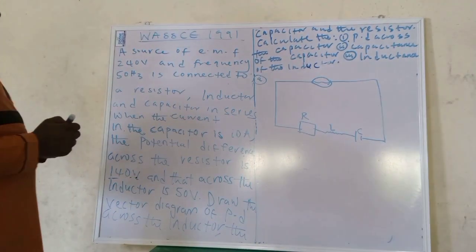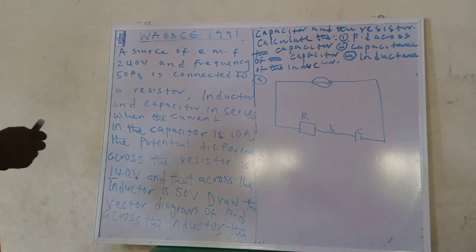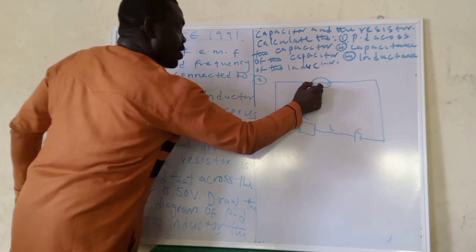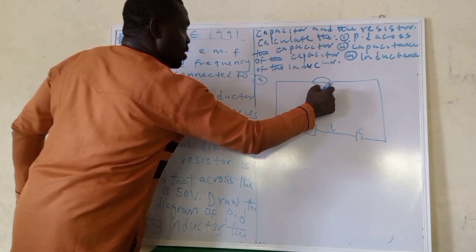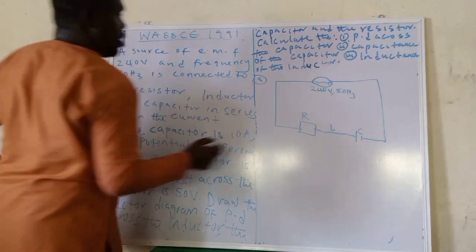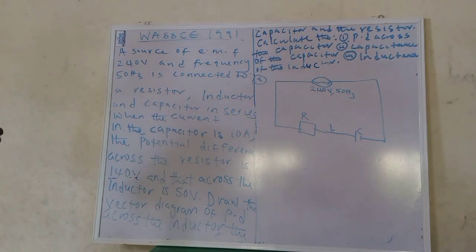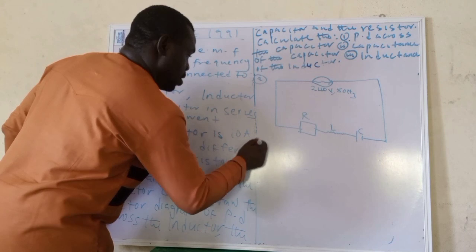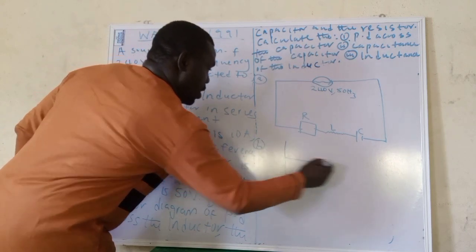All of these are embedded in my diagram, which is not a perfect one, okay? So let's not look at that. So we have 240, the source, as the source now, and then we have the frequency by the side there. Okay, so let's look at the question now. We're told to draw the vector diagram. Drawing the vector diagram is not an issue.